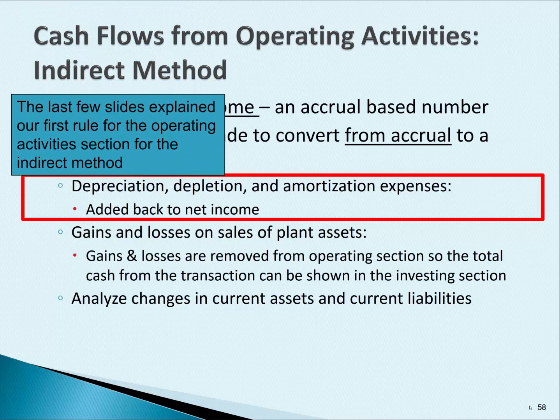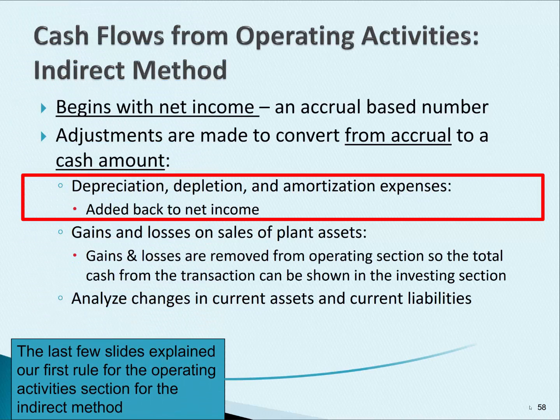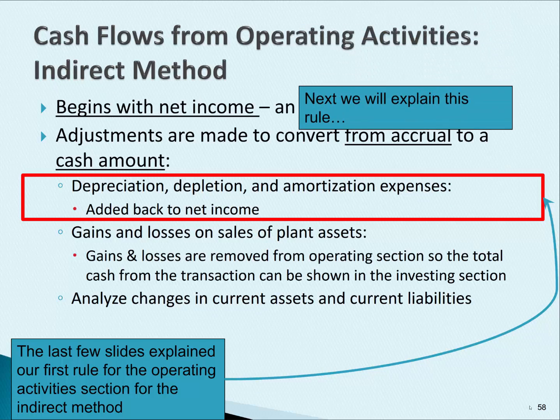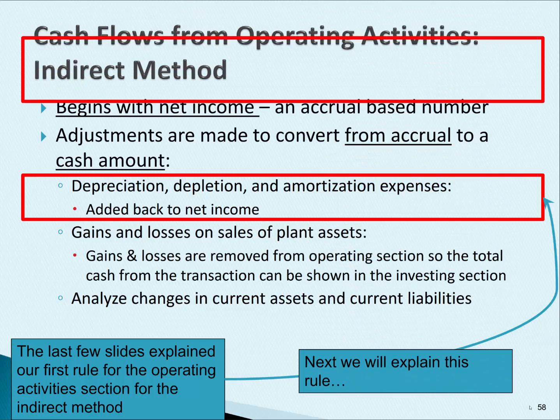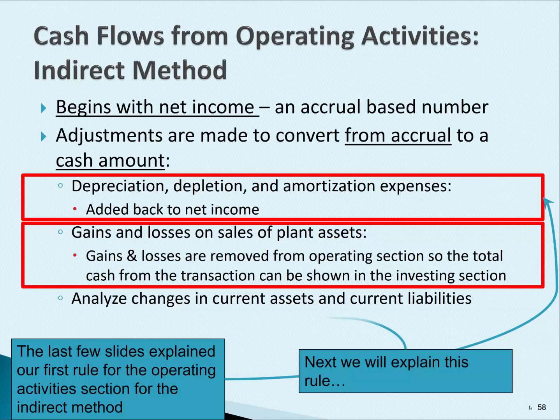So the last few slides explain our first rule for the operating activities section for the indirect method, which was adding depreciation back to net income. The next rule is going to explain why gains and losses on the sale of plant assets are removed from the operating section. Why?